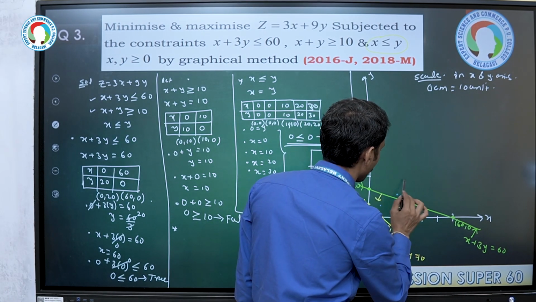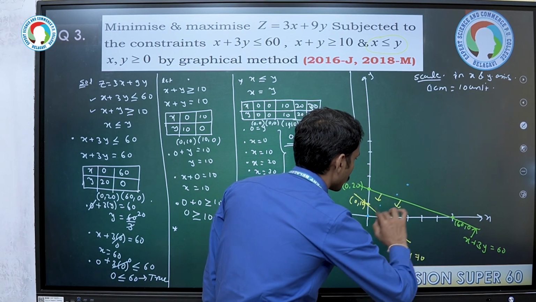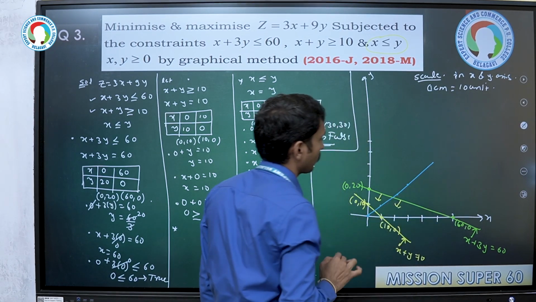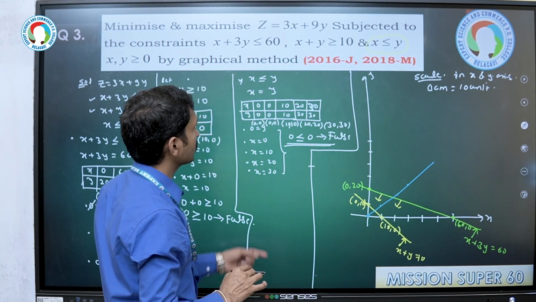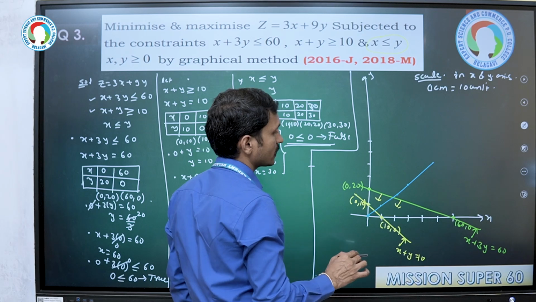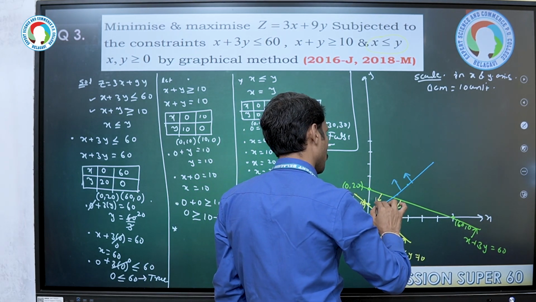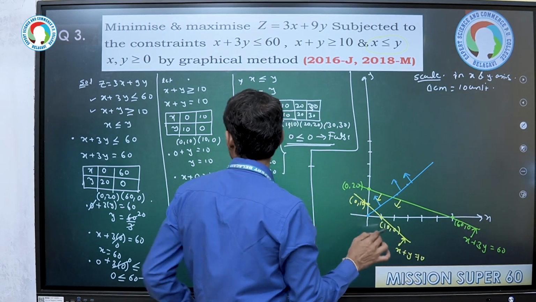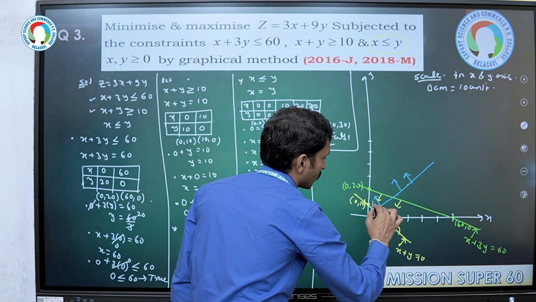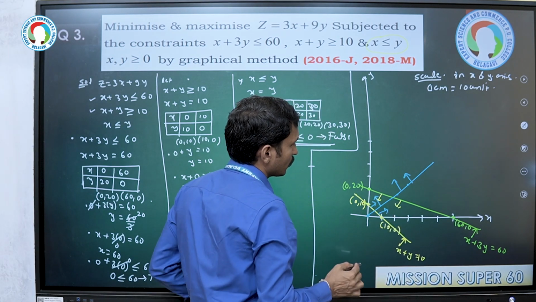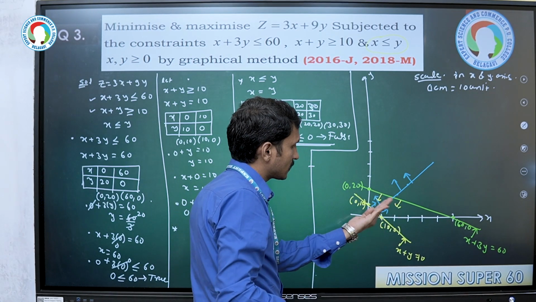So we'll draw one diagram. By seeing this, what is true and false here? It is false. False is nothing but away from the origin. And this second line is also false, away from the origin. You just see here, this line is this side, and this line is this side.